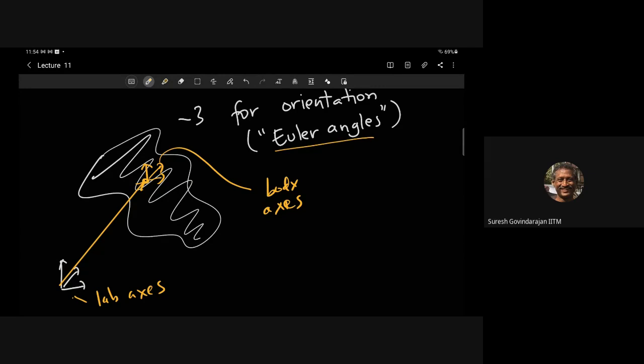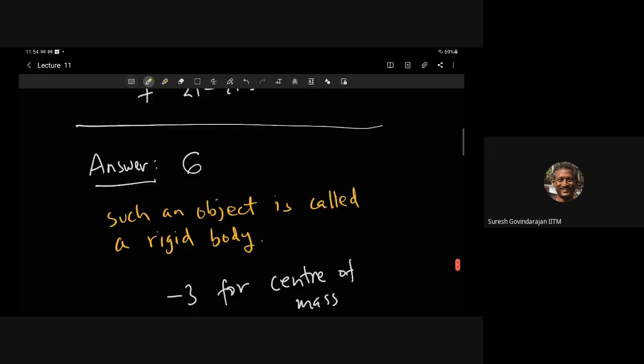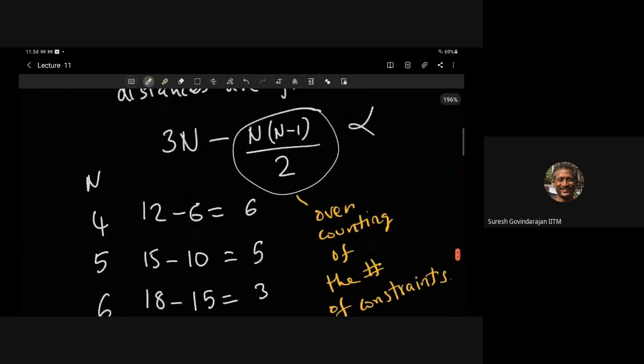So I think I'll stop here for questions. Is this clear? This counting is not correct. You're overdoing it. It's a kind of fluke. It's correct for 4 also, but from 5 onwards it gives you wrong answers because you're subtracting too much.